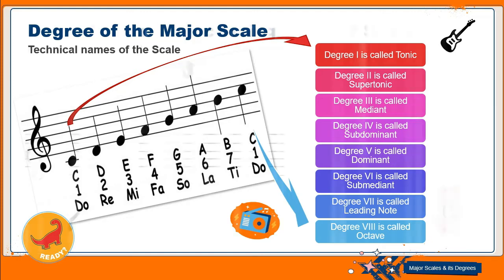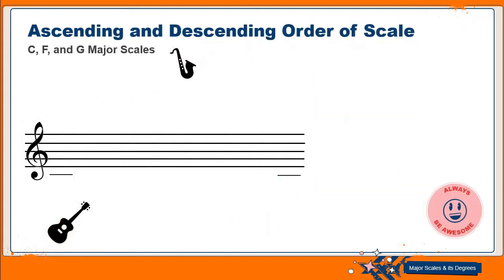Now we want to look into the ascending and descending order of the scale, and in this section we are going to look at the C major scale, the F major scale, and the G major scale. Of course, as the name implies, the degrees of the scale for the C start from C, D, E, F, and then G, A, B, C. So we have it in that order.